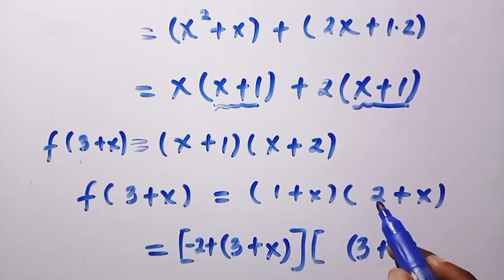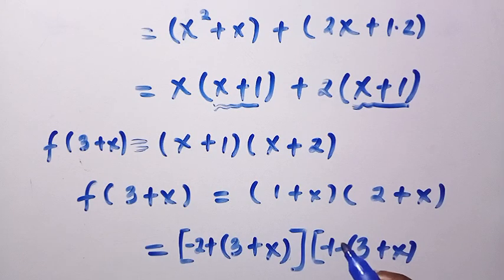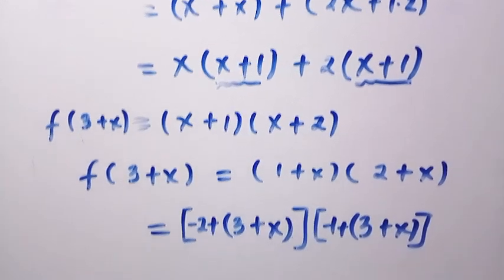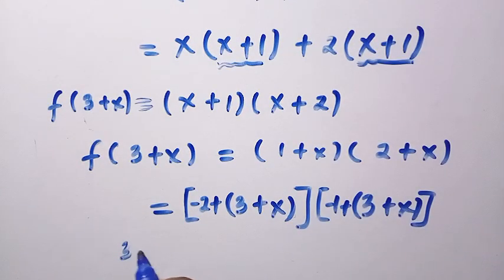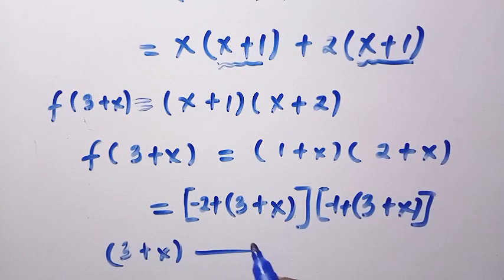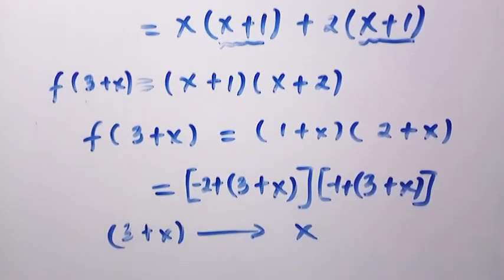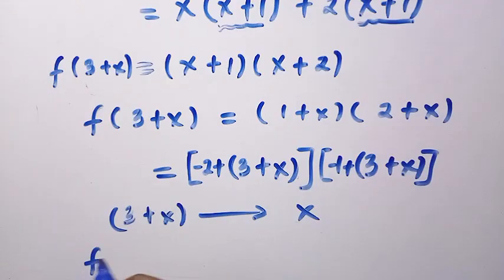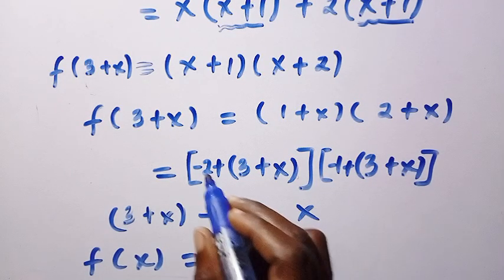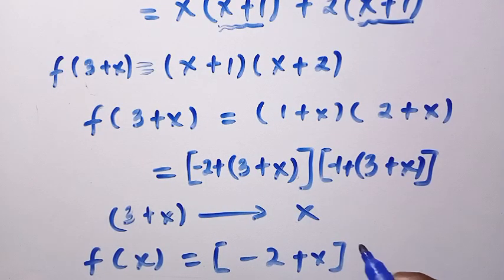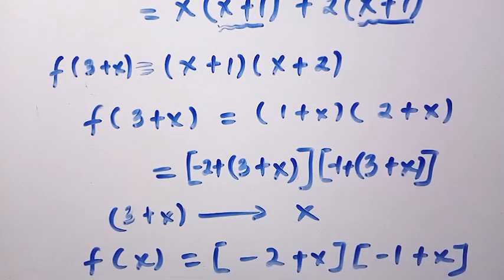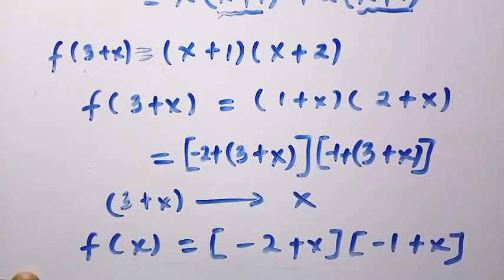Then at this side, it was 2 before, which means I have to subtract 1 here. So that is minus 1 plus 3 plus x. Now I can replace every single 3 plus x with x. Therefore we have f of x equals minus 2 plus x, and also minus 1 plus x. So this is what we have here.